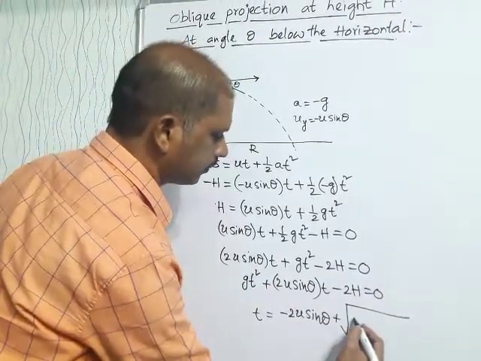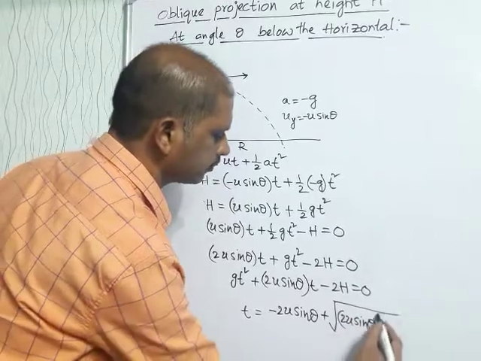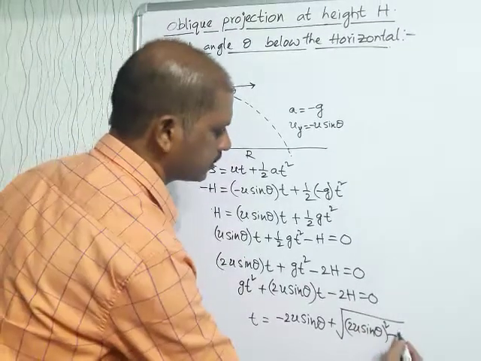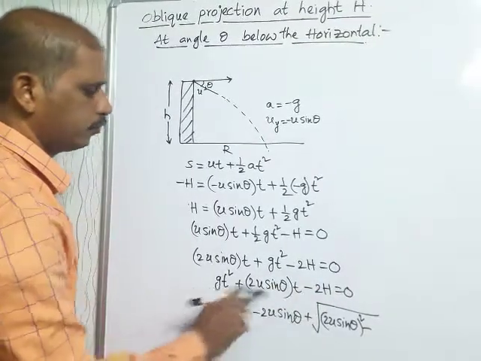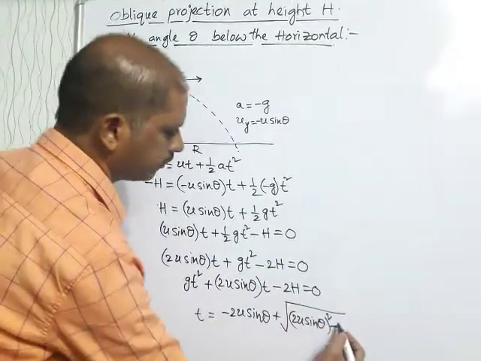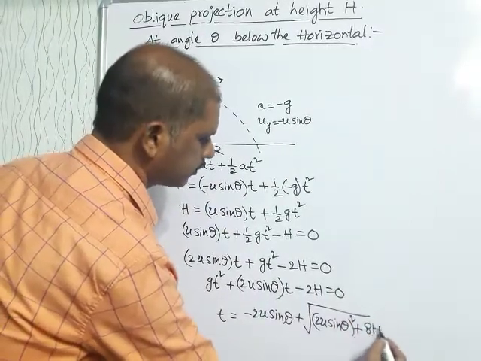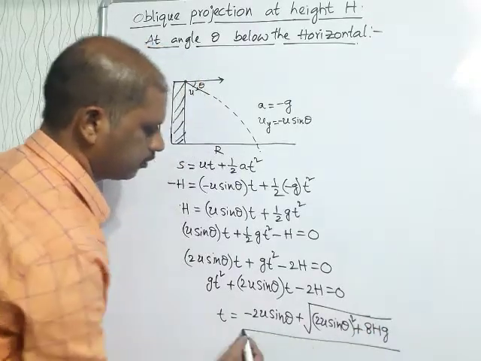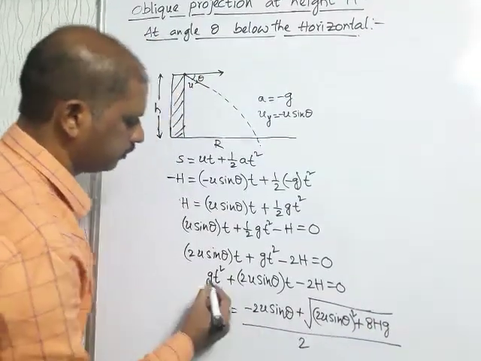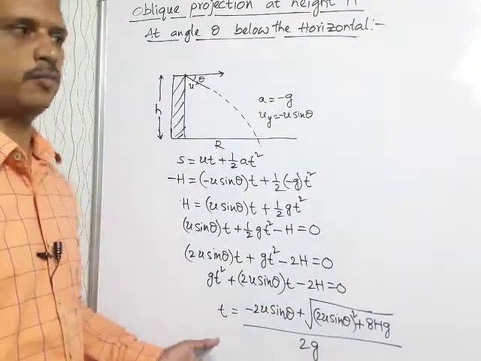So b square, 2u sine theta whole square, minus 4ac. 4 into c, which is minus 2h, 4 into 2 plus 8h, a is g here, 8h by 2a. 2 into a is 2g. So if you simplify that, we can find out the time period.